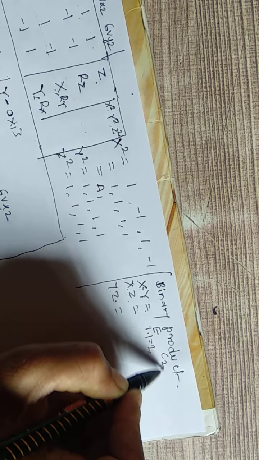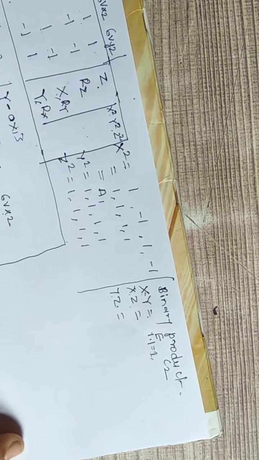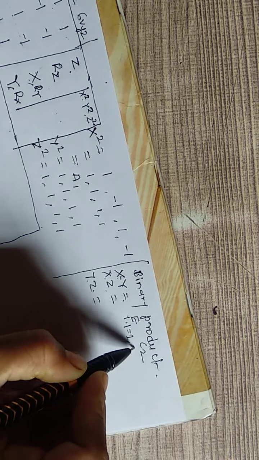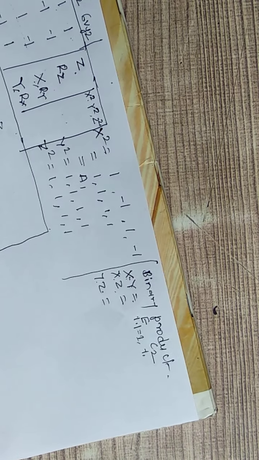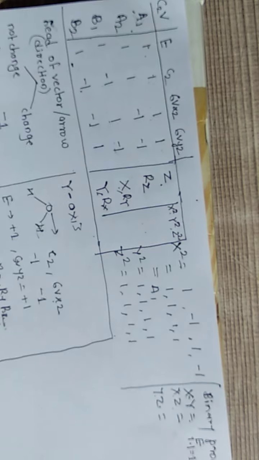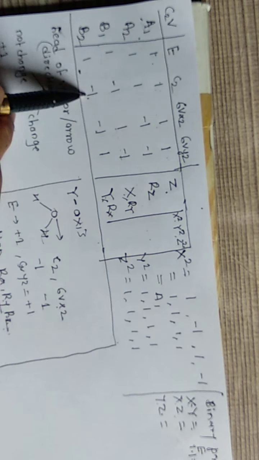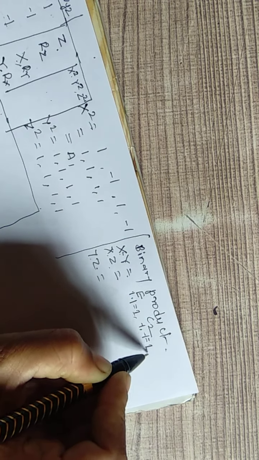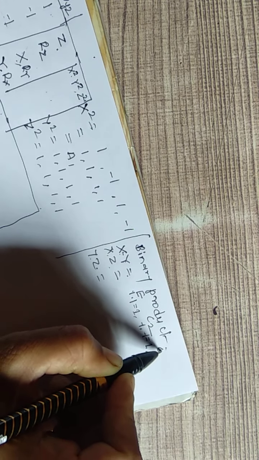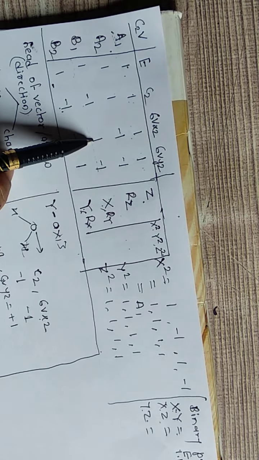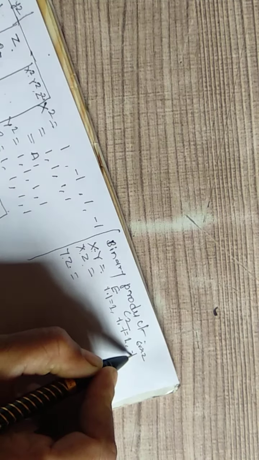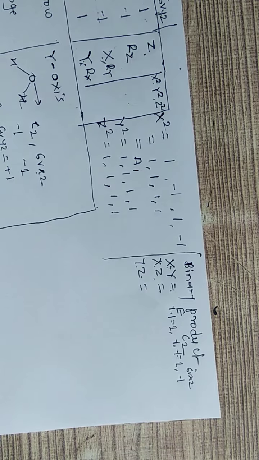Then for C2, x is minus 1 into, for y, C2 is minus 1, is equal to plus 1. Then for sigma v xz, x is 1 and y is minus 1, that is, 1 into minus 1 is minus 1.